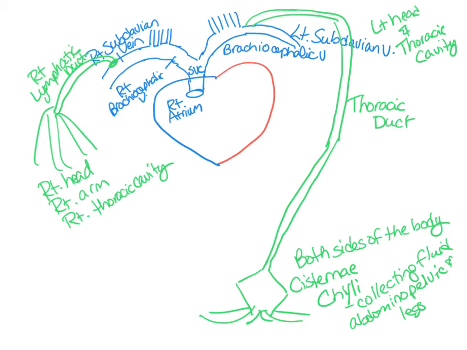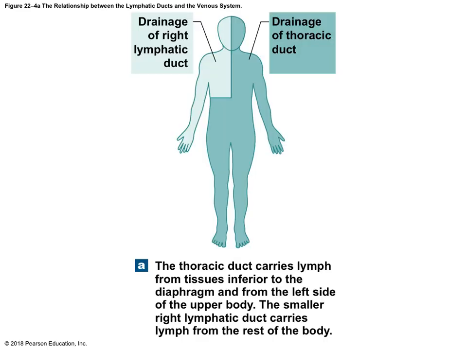So let's look at a picture of that. So here is the distribution of fluid and where it drains into. If we were looking at that picture that I had, here's your heart right about in this area. There's the right side of the heart and there's the left side of the heart. So there's the right subclavian, there's the left subclavian.